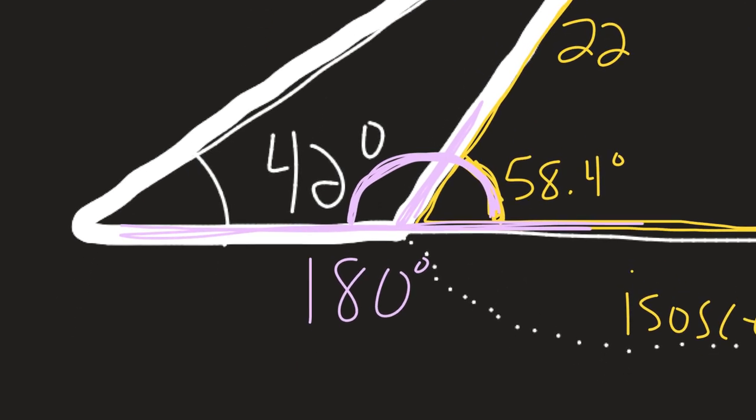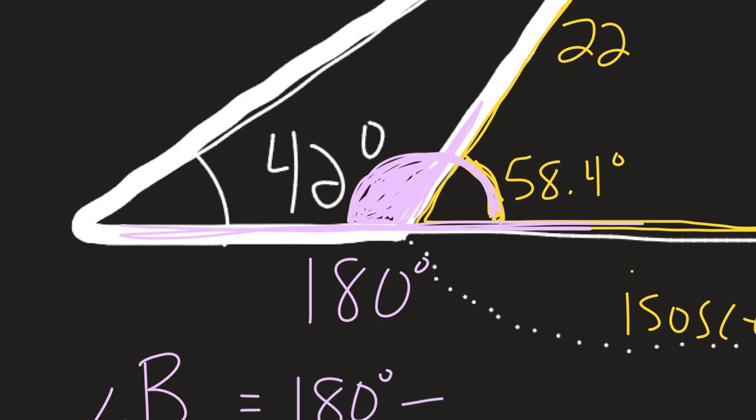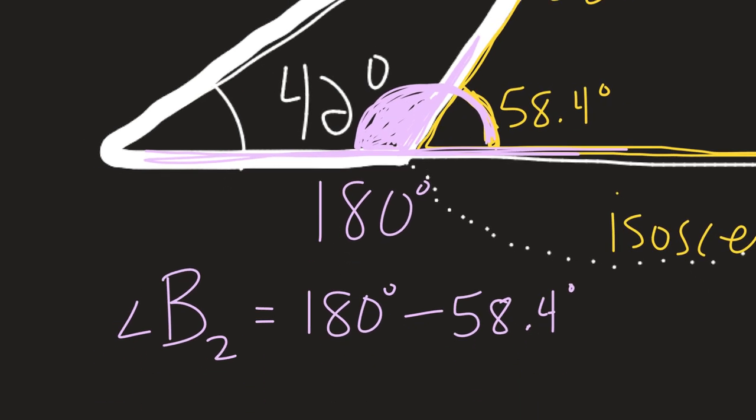So when we calculate our second B angle, which is this one right here, for our second triangle, it is 180 degrees minus whatever we calculated the first time. Always. It is always that, because of this isosceles triangle and linear pair business.